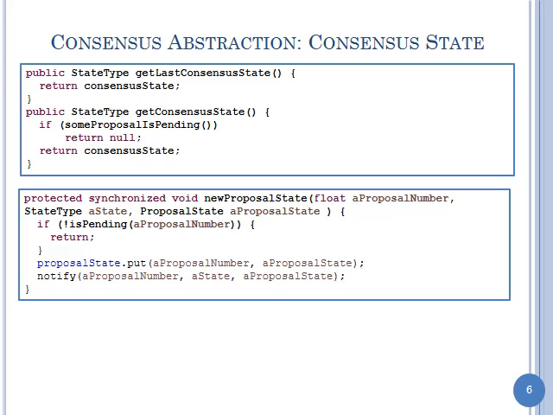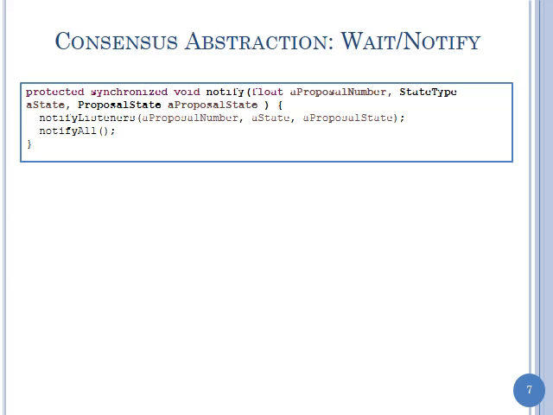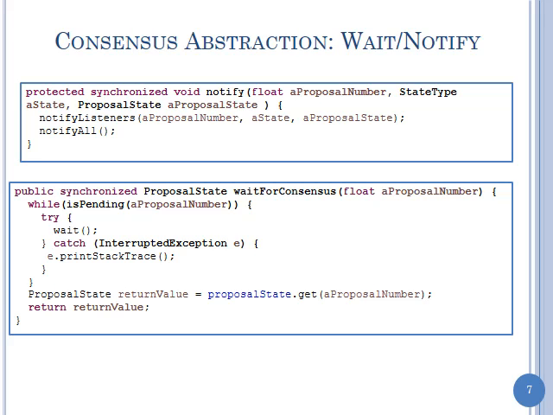And once it calls that, we can take care of the bookkeeping, making sure that our record shows that that proposal has a new state, and then notifying whoever's interested. And who would we notify? We would notify all the listeners, right? And we would do a notify all on anybody doing a wait on that. Some people might be doing waits, some people might be looking for notify listeners. So for the wait, we are doing notify all.